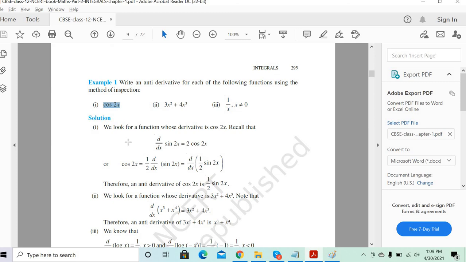Just try the cos 2x now, Vijay. We'll see how you do that.